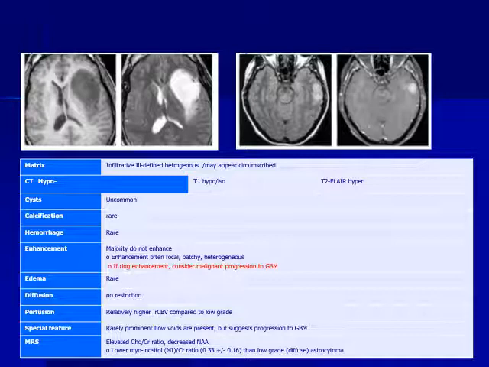And MRS, of course, we see a non-normal curve, elevated choline-creatine ratios, decreased NAA, and decreased myoinositol per creatine ratios compared to the low-grade astrocytoma, which shows increased myoinositol creatine ratios. As you see, an ill-defined lesion that infiltrates and expands the affected structure. Sometimes we can see enhancing lesions.